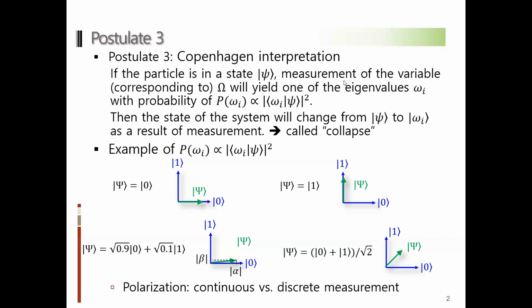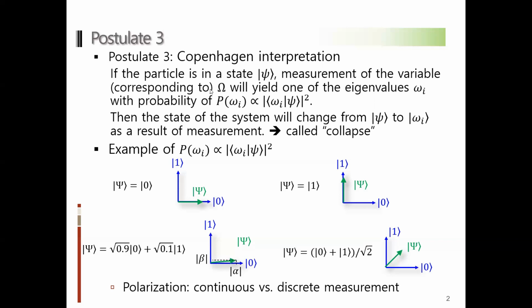And then in quantum mechanics, we always assume that for each measurement, there will also be a corresponding Hermitian operator. Here I only say omega, but it is actually the Hermitian operator omega. Then what happens if we really measure something? For example, what happens if we measure the position of some mass?